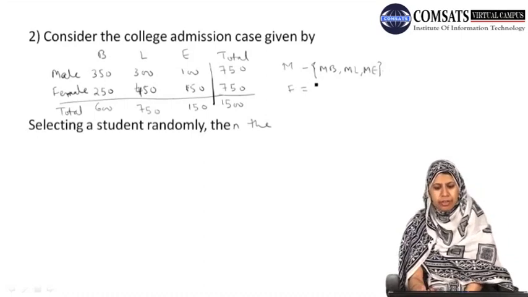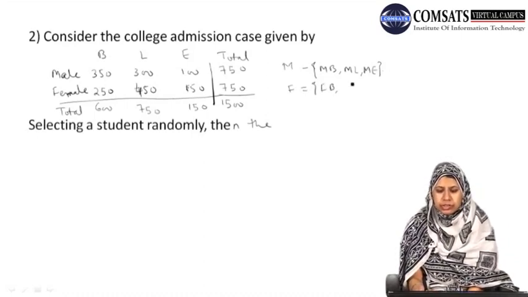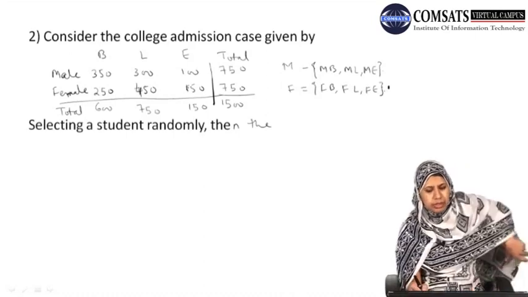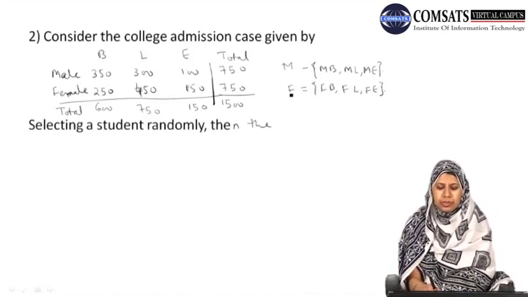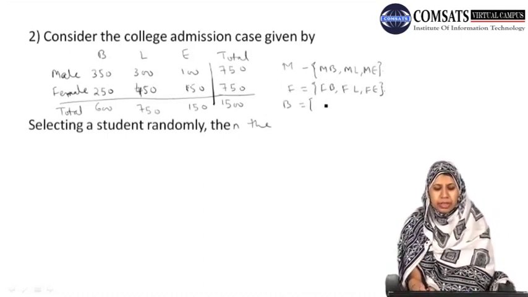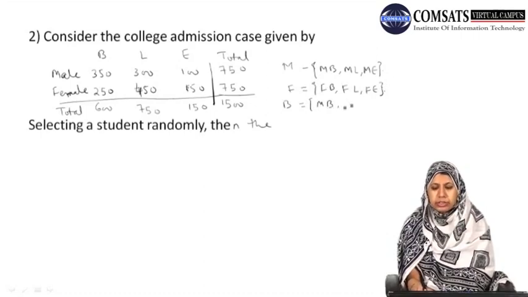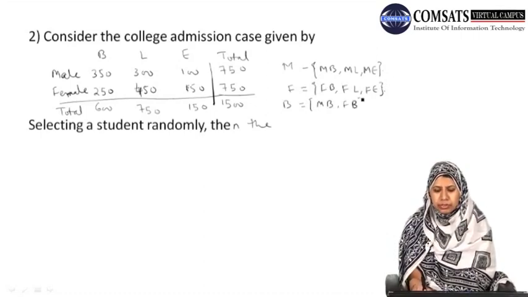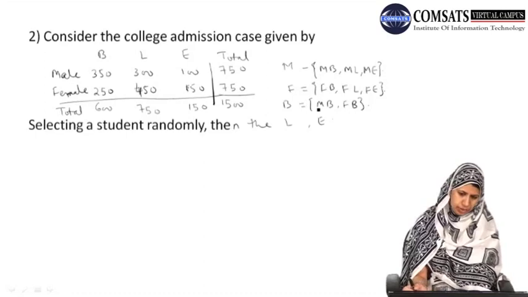Similarly, our event F is the female student studying business, female student studying law, and the female student studying engineering. Similarly, we can define our events with respect to the subjects, that is B will represent the event when the male student studying business and the female student studying business, and the events L and E respectively.